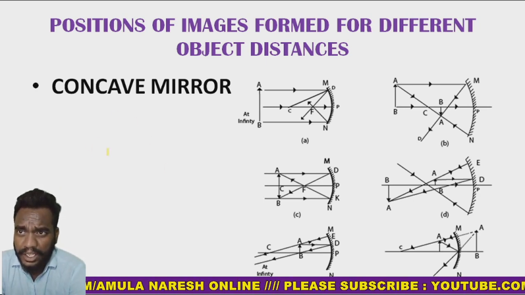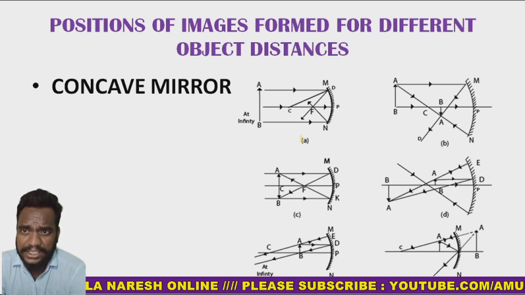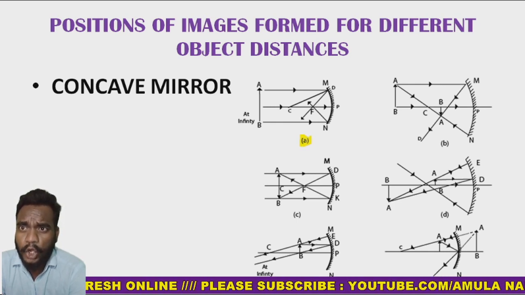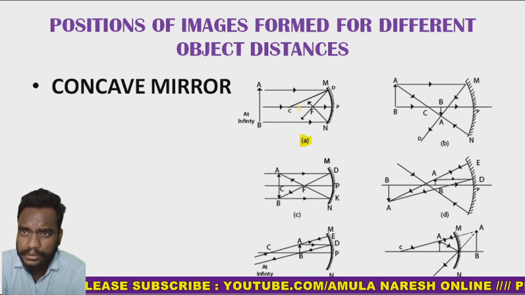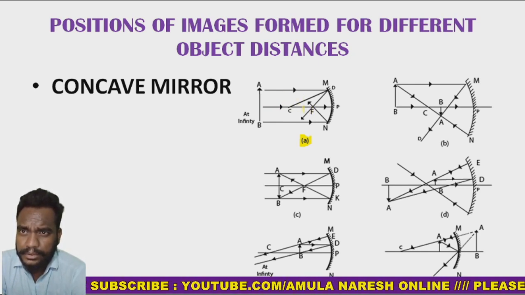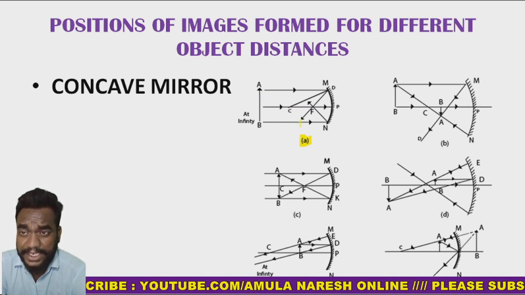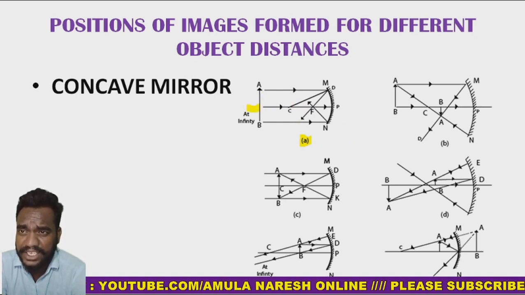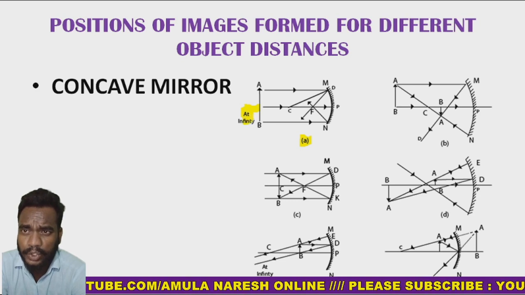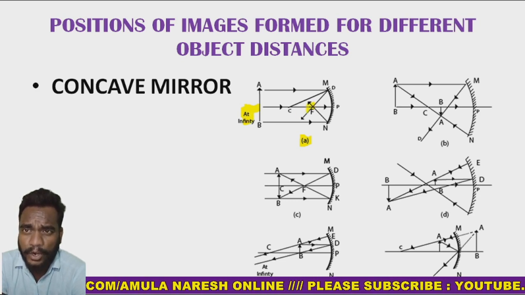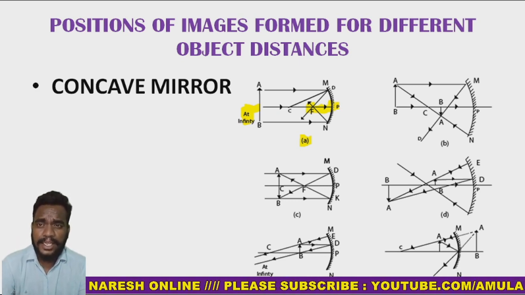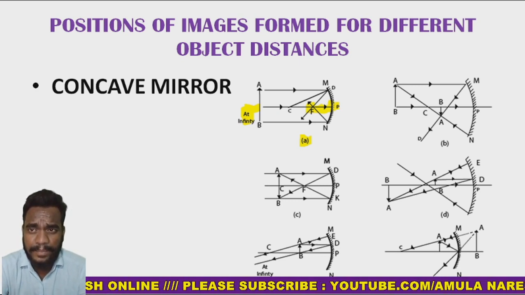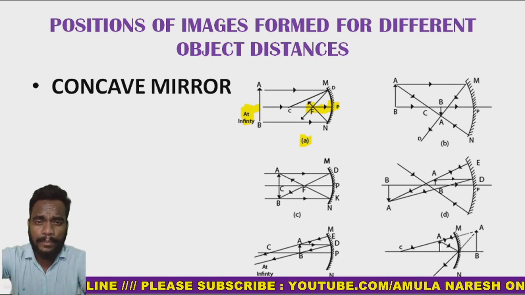The first case is case A. The object is placed beyond the center of curvature, at infinity distance. Then the image is always formed at the focal point. This is rule number 1. When the object is at infinity, the image is formed at the focal point.